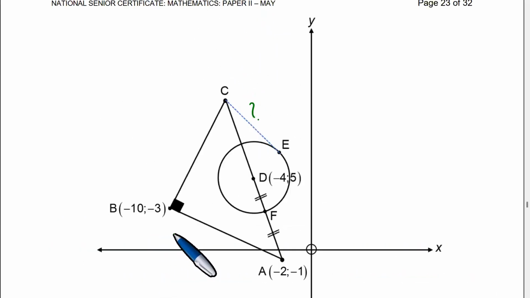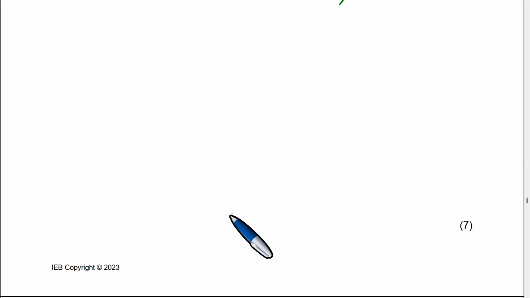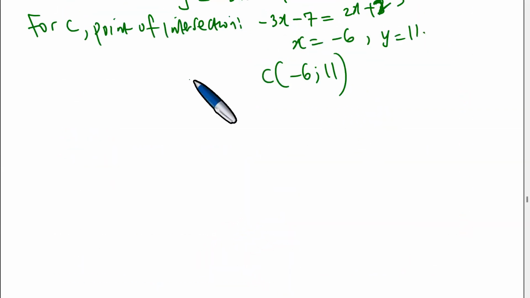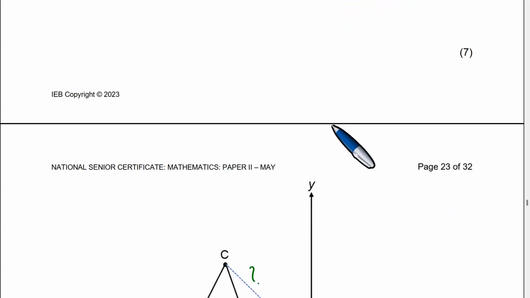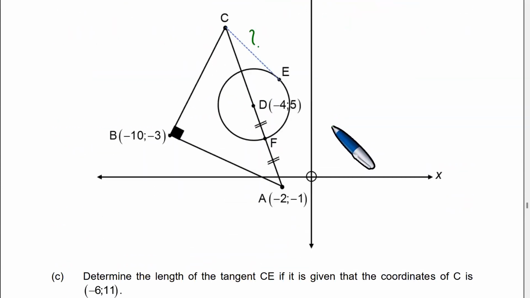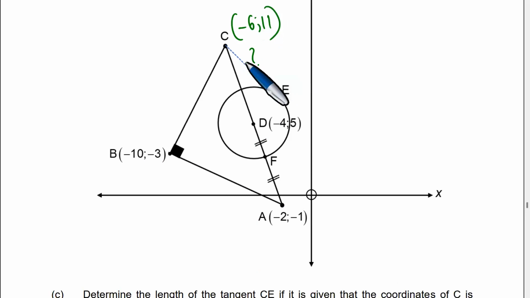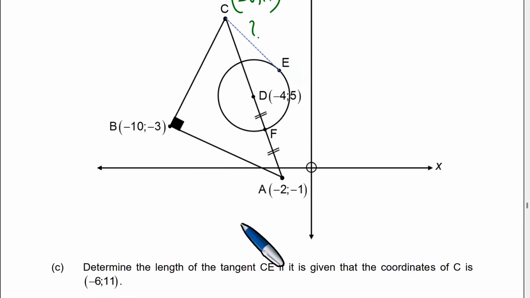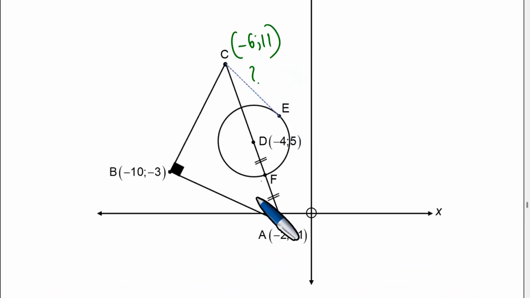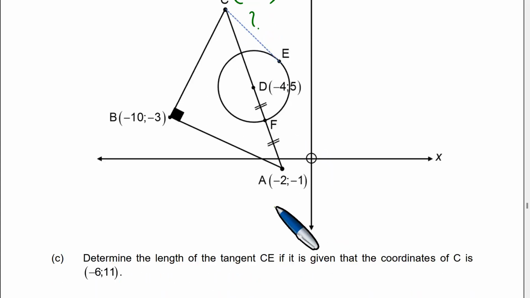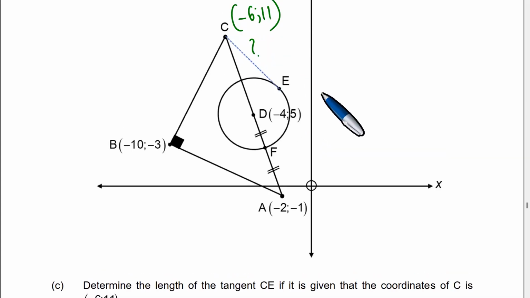We got them to be minus 6 and 11, so those are correct. The examiner was afraid that it would be unfair to the student who could not get the coordinates of C. Now we need to find the length of CE.